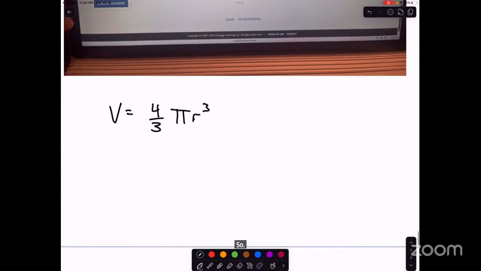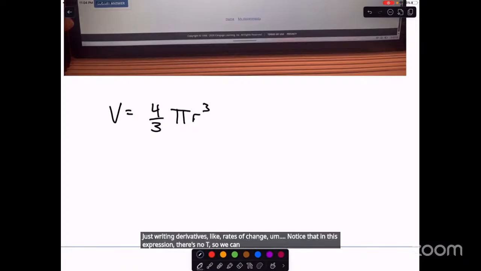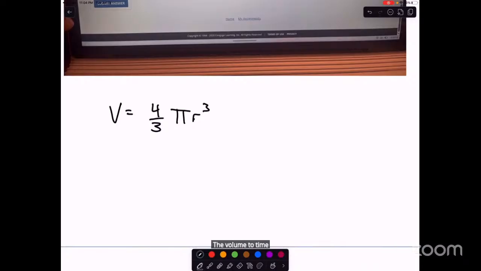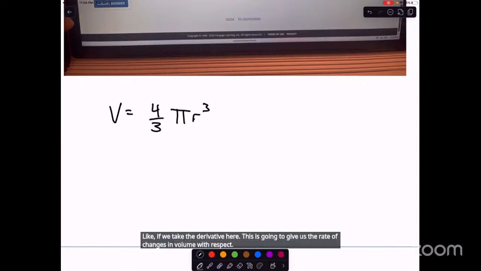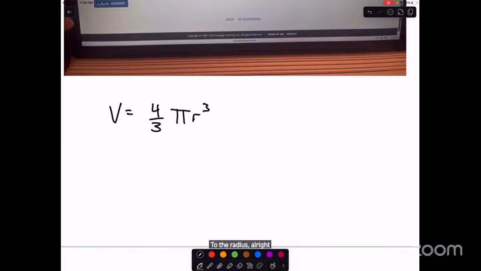Notice that in this expression there's no t, so we can't go directly from the volume to time. There has to be an intermediate step. If we take the derivative here, this is going to give us the rate of change of the volume with respect to the radius, all right?